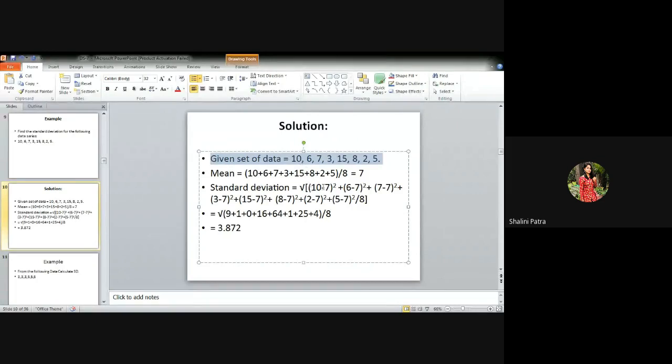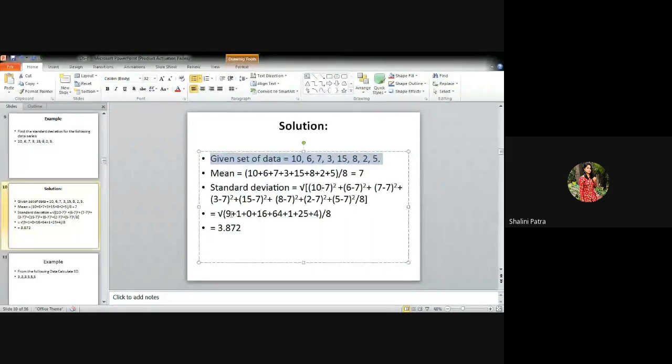For calculation, take the square of 10 minus 7 for the first digit, then 6 minus 7, then 7 minus 7, then 3 minus 7, then 15 minus 7 for the next one, 2 minus 7 for the next one, last one 5 minus 7, the whole divided by 8.